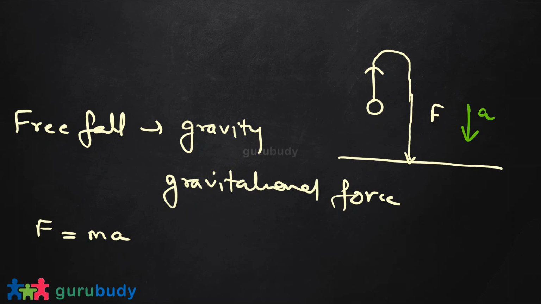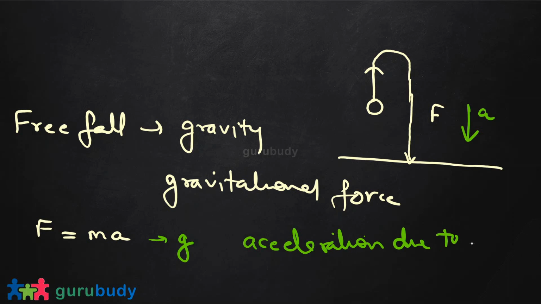Now, when there is free fall and the only force acting on the stone or object is gravity, instead of writing acceleration as a, we use the letter g. That is basically the acceleration due to gravity.